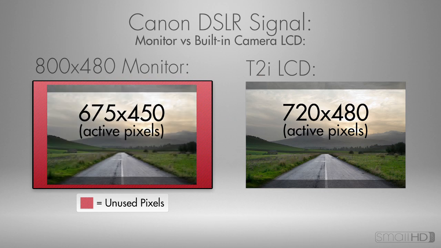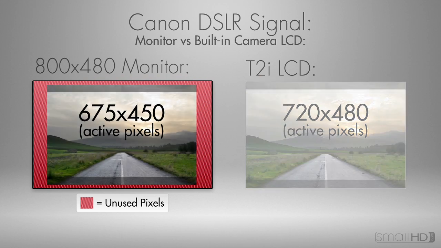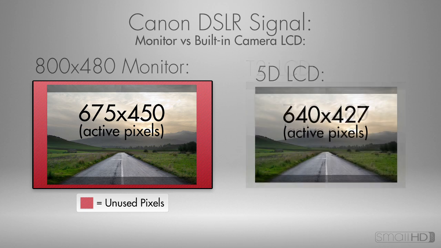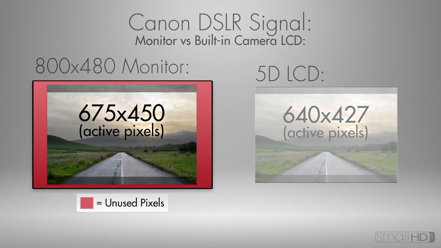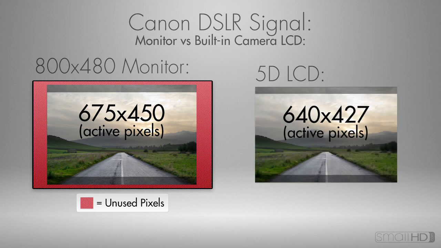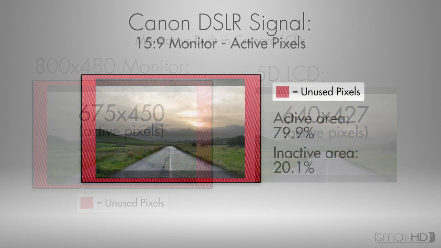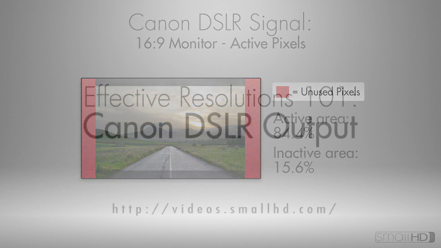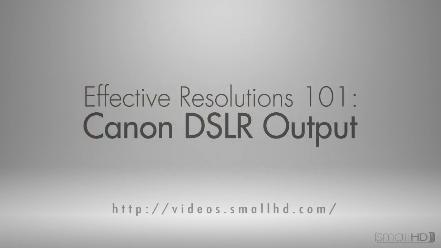That's actually slightly less than the 720x480 resolution on the back of the T2i, and only slightly more than the 640x427 pixels used on the back of the 5D, 7D, and 1D. And finally, a native 16:9 monitor loses 15.6% as it only loses pixels on the sides. This all just goes to show that you might not be getting use out of all the pixels you're paying for. Anyways, we hope this was educational.